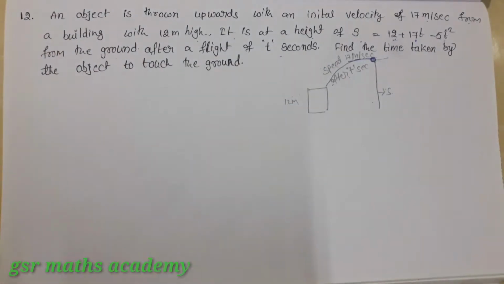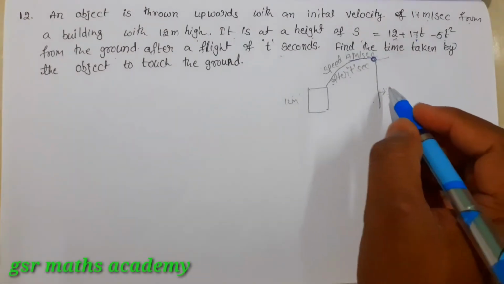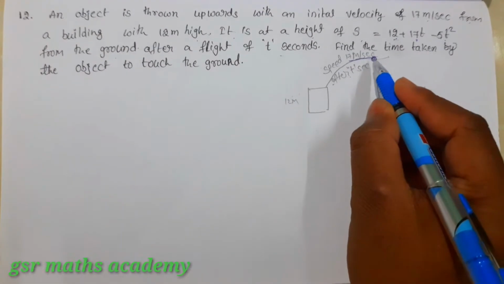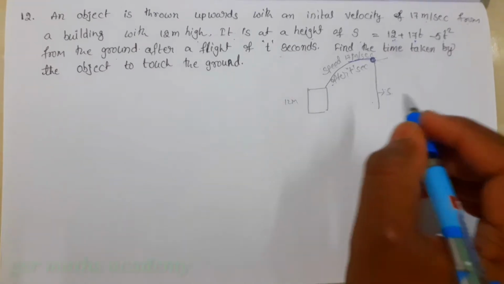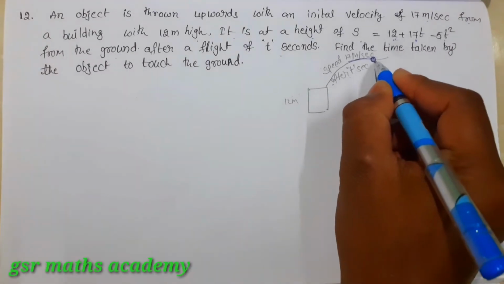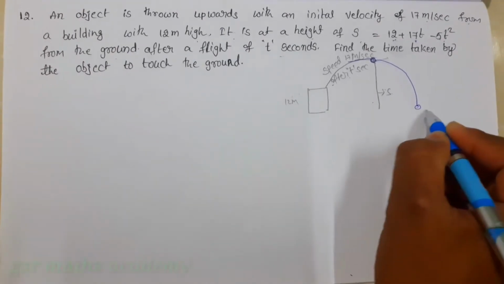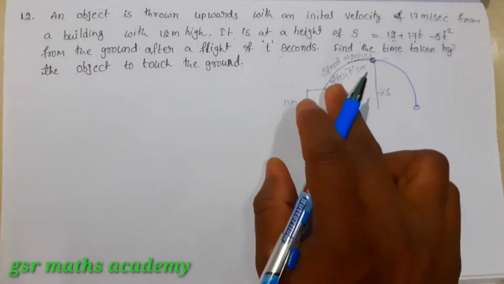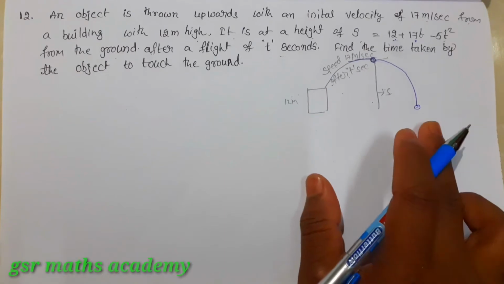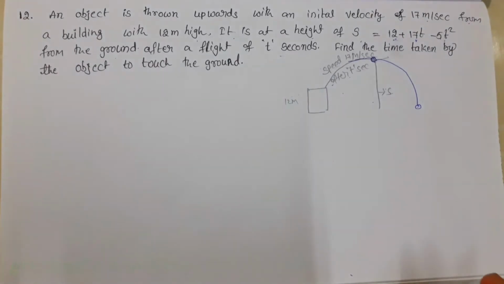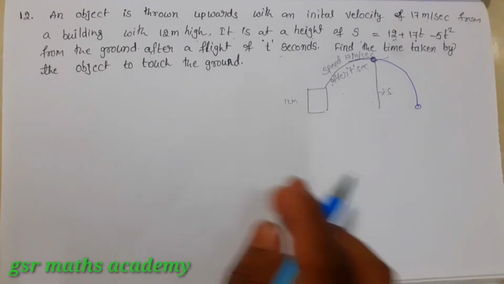Now, what do they ask? They are asking us to find in how many seconds this object will reach the ground. Suppose it has reached the ground, then what is the height in this case? If an object has reached the ground, the height of that object becomes 0.